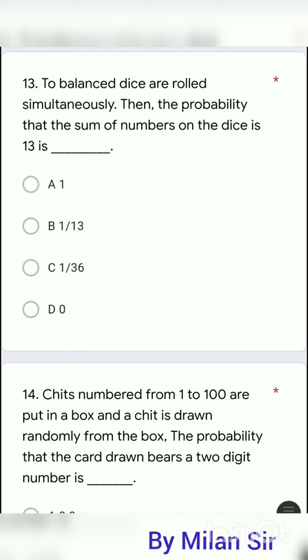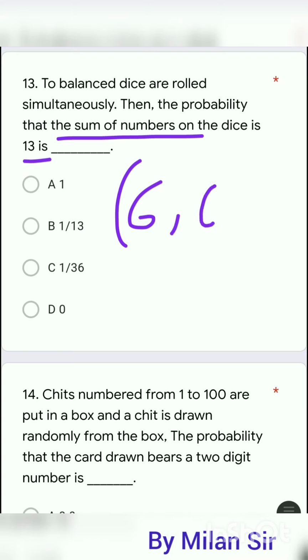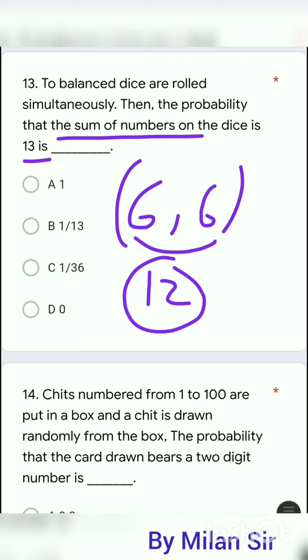One more thing, here we need to find the probability for sum equal to 13, right? But the maximum number on a die is 6. If on both dice 6 comes, then 6 plus 6 is 12. Then the maximum addition can be 12, it cannot be 13, right?